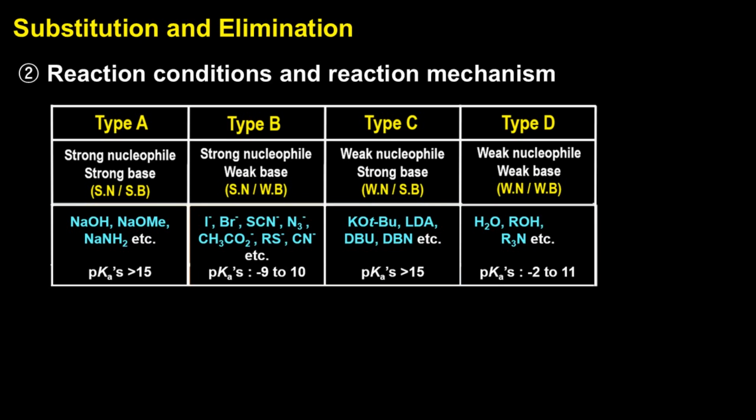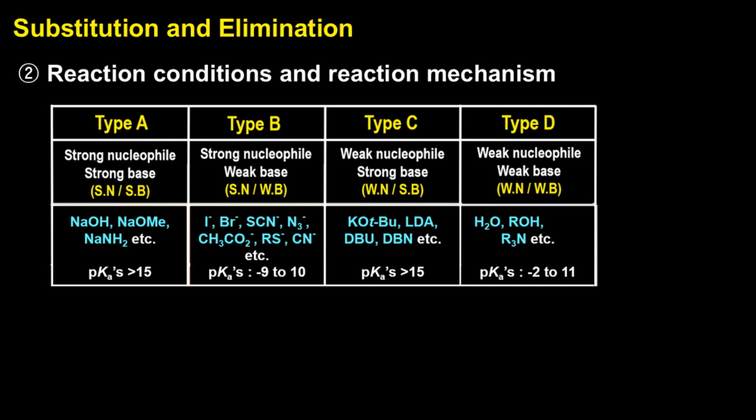Type C is the opposite. These are strong bases but poor nucleophiles. Bulky reagents like potassium tert-butoxide, lithium diisopropylamide, or DBU, fall into this category. Due to their steric bulk, they have difficulty accessing the carbon center for substitution, but they readily abstract beta hydrogens, promoting elimination, typically E2, especially with hindered substrates.